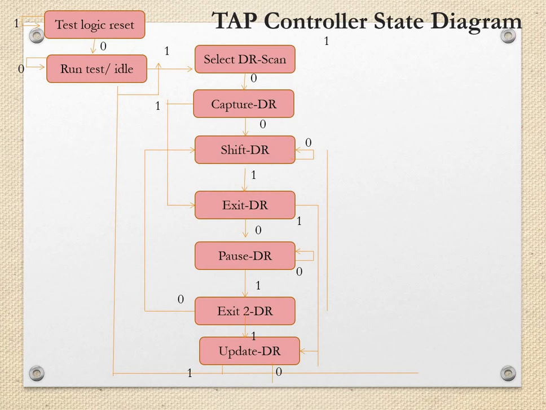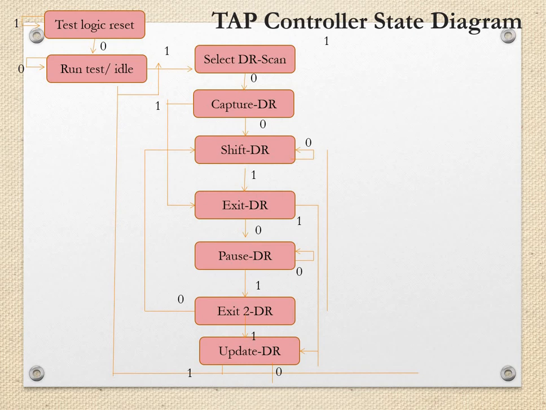The TAP controller state diagram is basically divided into two parts. One is related to the data register and the other, a similar exact replica, is related to the instruction register. So if 1 comes on the TDI pin, then select data register scan, and that branch of the state diagram will be executed.